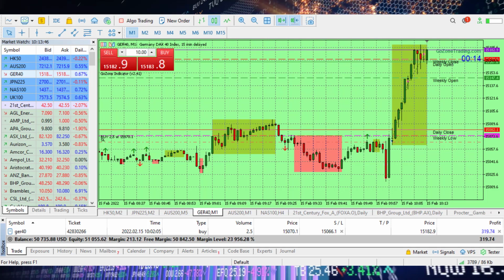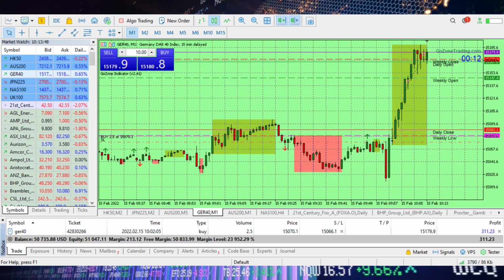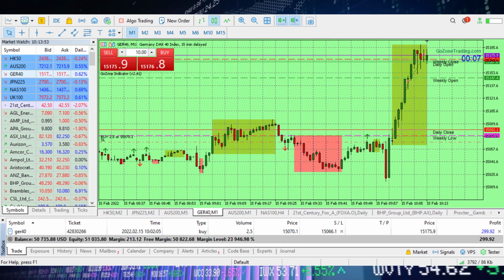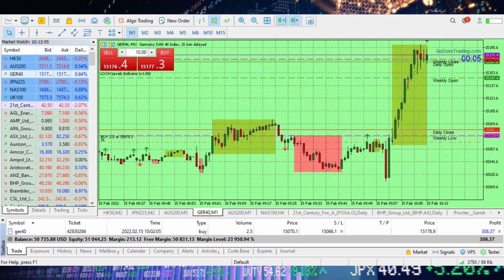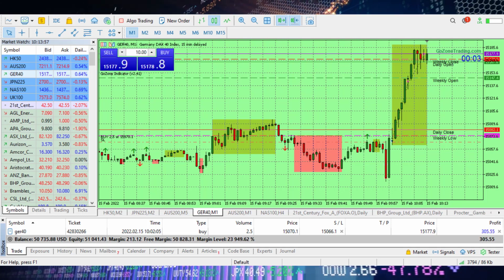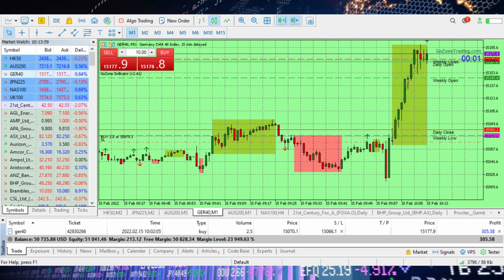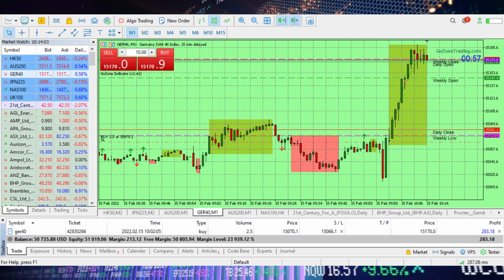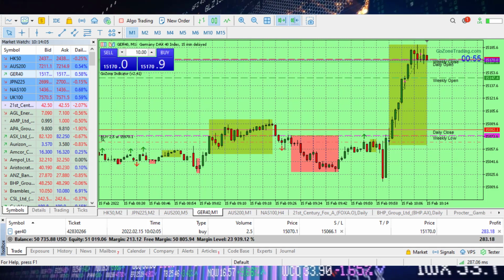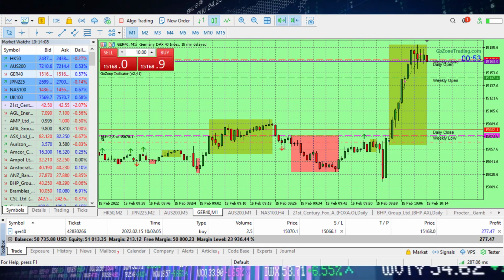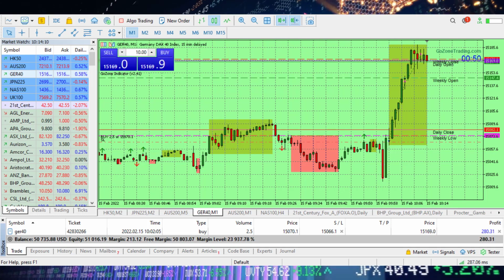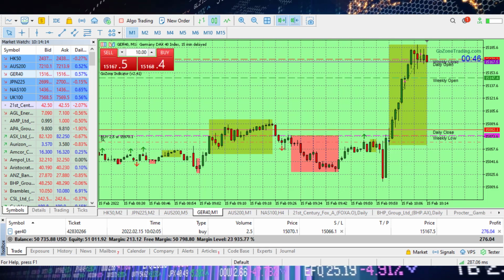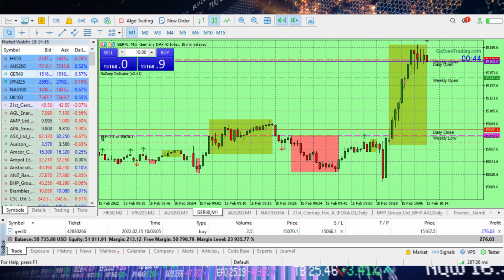So it doesn't mean that the Go Zone doesn't work, or the blueprint doesn't work at other times, but if you know that the best time to trade is when the market opens, then why wouldn't you focus on that time frame? I'm not looking to trade all day long. What I'm looking to do is get at least one or two good trades in per day during the prime time, and then get on with my life.